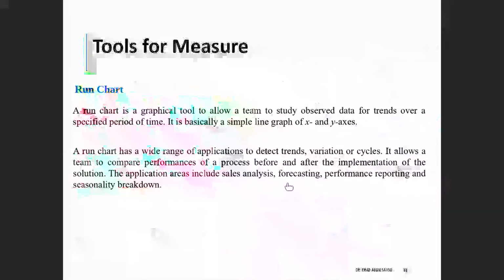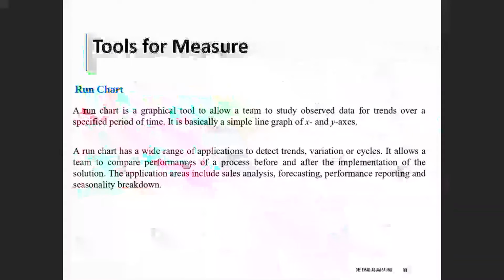There is no formula. You just show the data as you measure them over time using X and Y axes. The X axis is for the time, and the Y axis is for the collected measures.